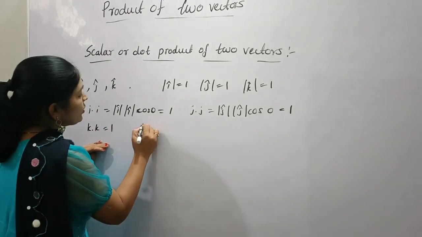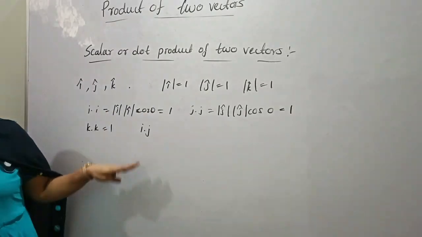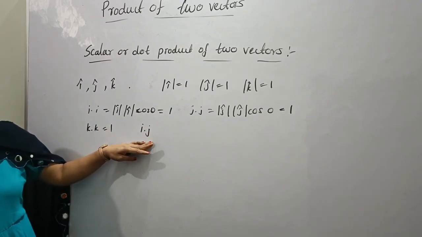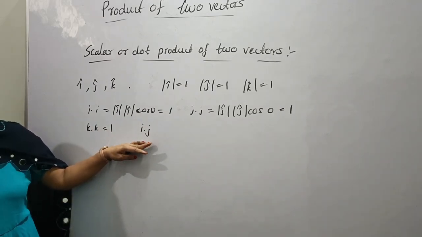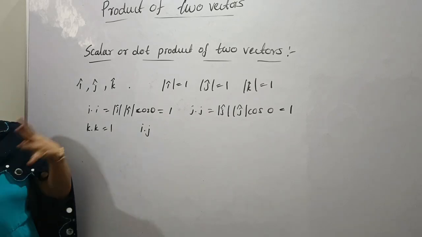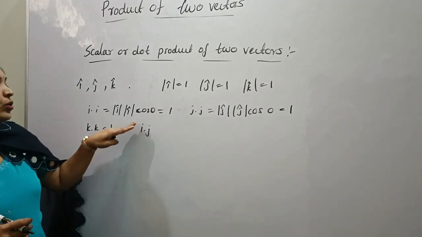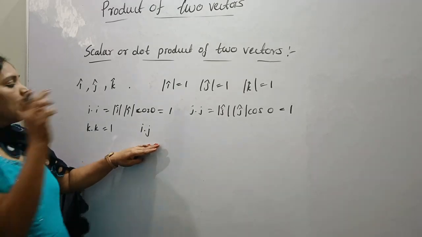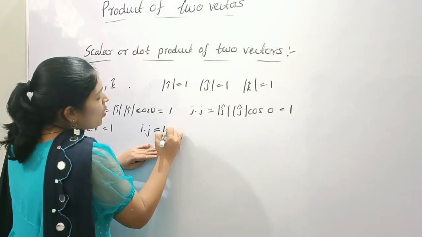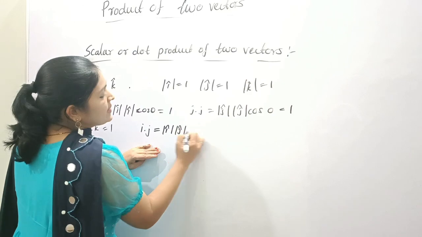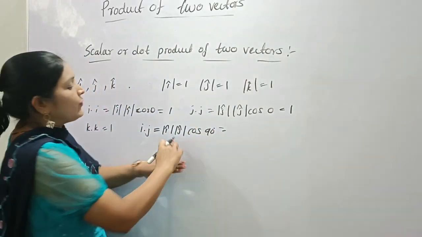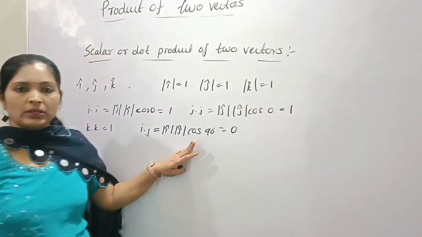And what about i dot j? We know that vectors i, j, k are mutually perpendicular unit vectors. They are perpendicular to each other. Therefore, for i dot j, what is the angle between them? 90 degrees, right? Therefore, i dot j is equal to modulus of i into modulus of j into cos 90 degrees. Cos 90 is 0. Therefore, its value is 0.